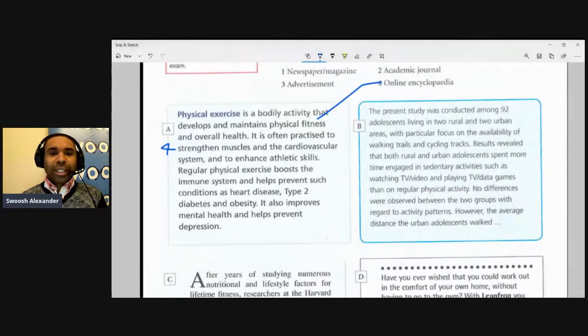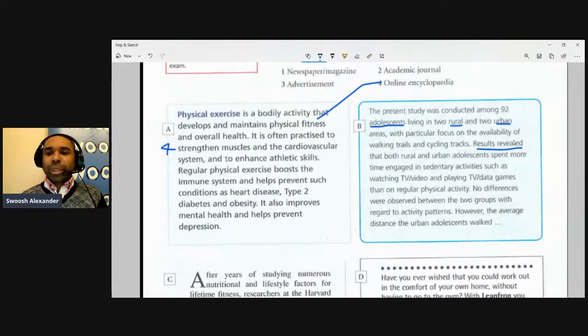Okay, let's have a look at the next one. So B, the present study was conducted among 92 adolescents, so quite formal language, adolescents, a formal way of talking about teenagers, to rural, to urban areas. So it's very formal, urban referring to the city, rural referring to the countryside, results revealed.